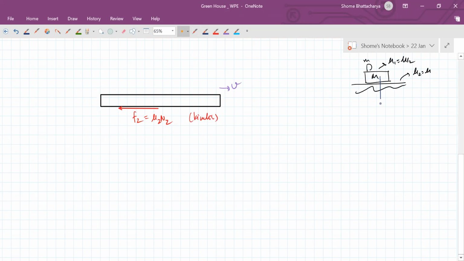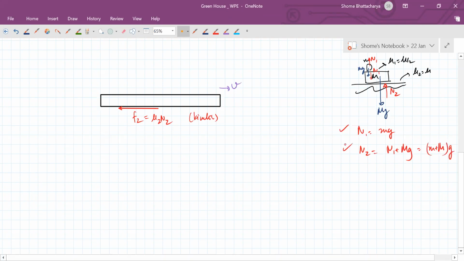This one's weight is capital Mg, this one's weight is small mg, and they will generate a normal reaction N2 over here and a normal reaction N1 between the two of them. So N1 will be equal to the weight of the smaller block, whereas N2 will become N1 plus this one's weight, so it will become (M plus m)g. So N2 is this.